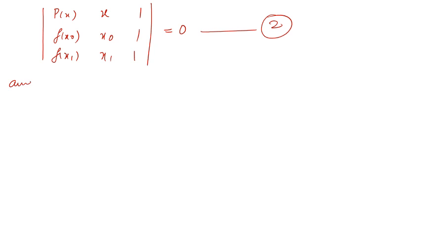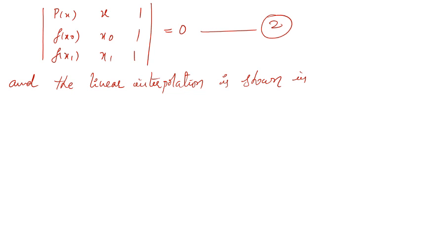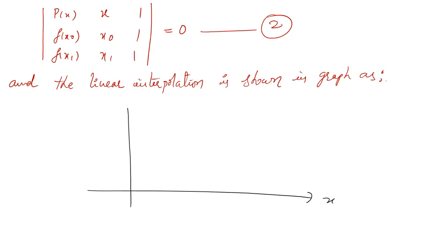and the linear interpolation is shown in the graph as, let me draw the graph. This is the x-axis and this is the y-axis.